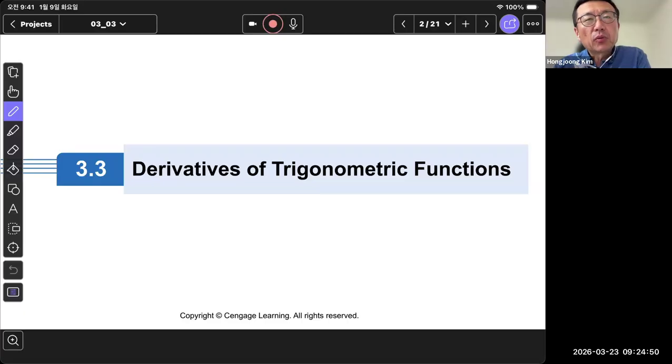But I don't want to prove those simple things today. I will just introduce some final results regarding the derivatives of trigonometric functions, because some basic formulas could be proved with some theorem later.